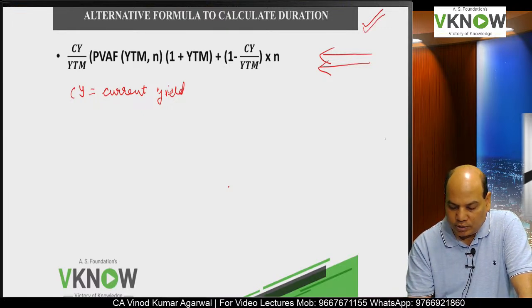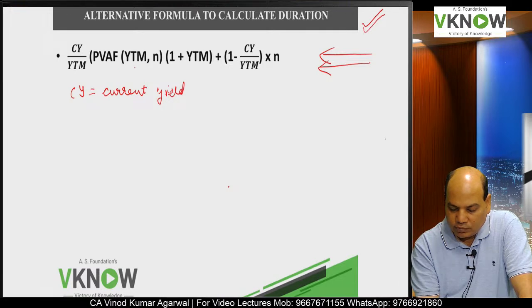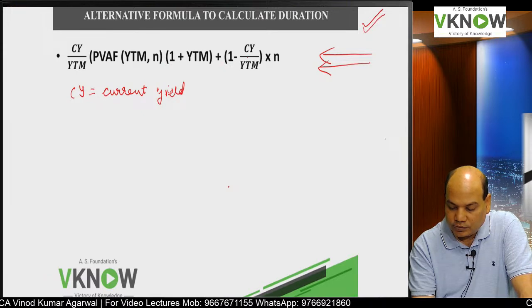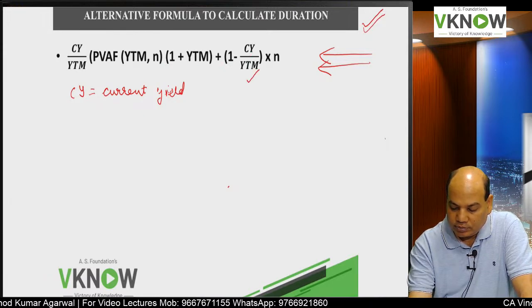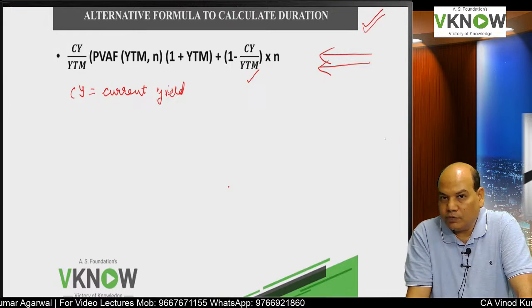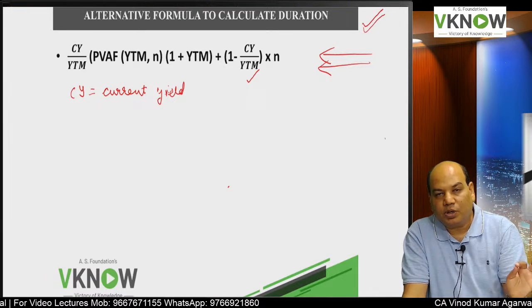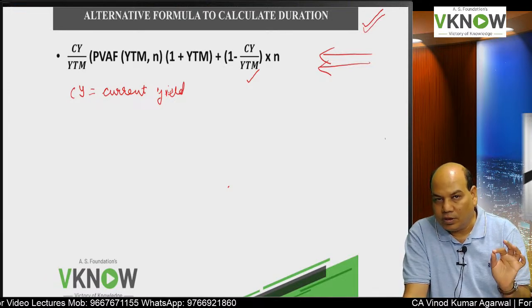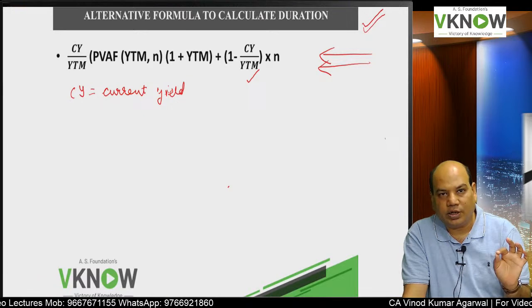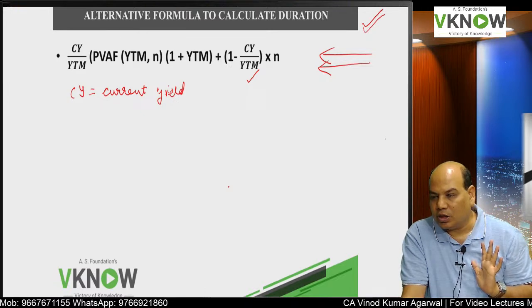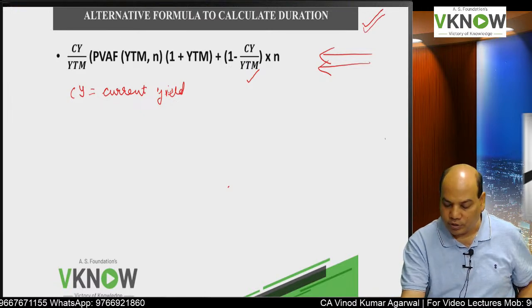CY upon YTM into PV annuity factor of YTM and number of years you will take, into 1 plus YTM, plus 1 minus current yield upon YTM into N. So I will repeat the formula. Current yield upon YTM into PV annuity factor of YTM and given number of years, into 1 plus YTM, plus 1 minus current yield upon YTM into N. N means number of years.